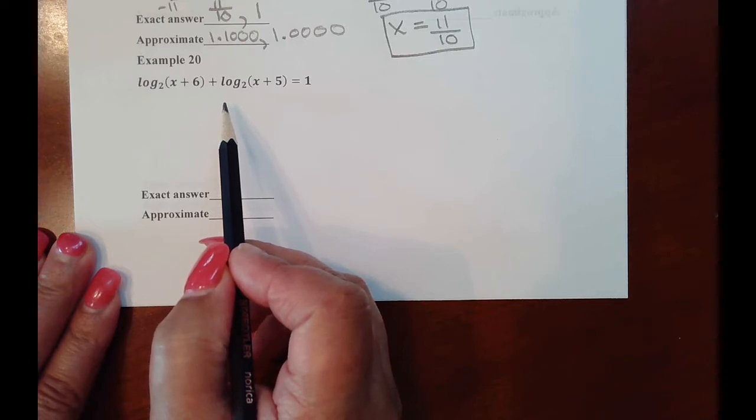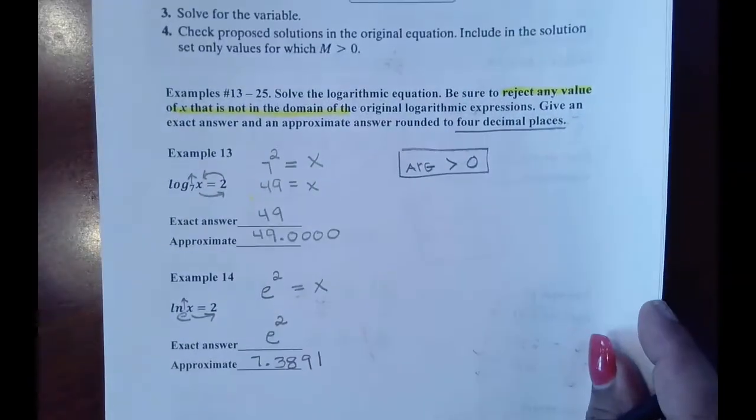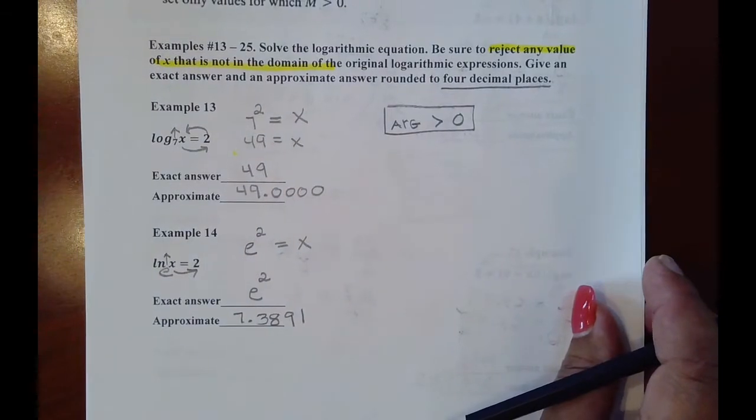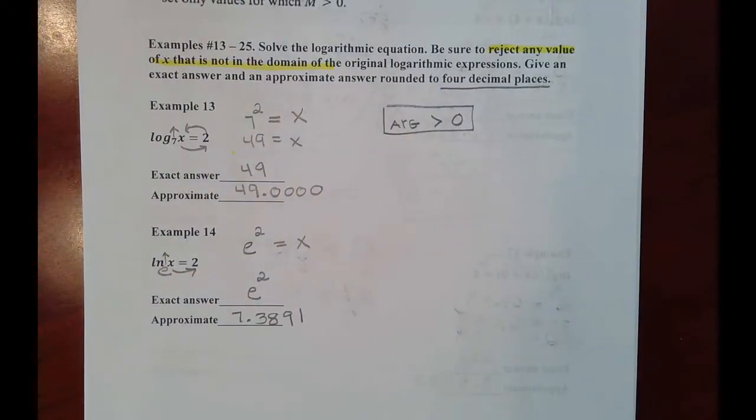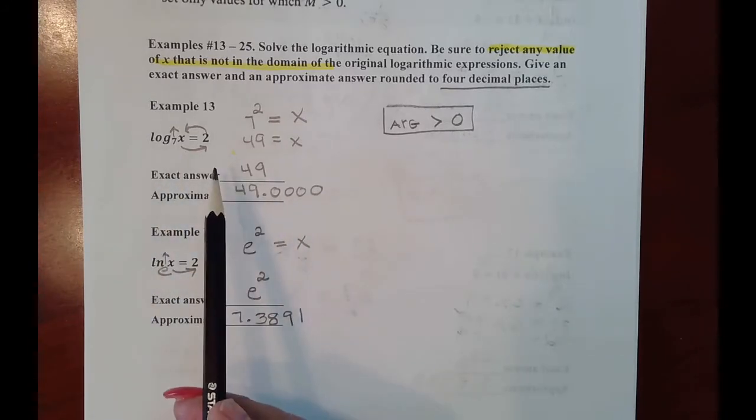As you recall, let me take a look backwards. In numbers 13 through 25, the technique that was being emphasized was a single log, no log on the other side.